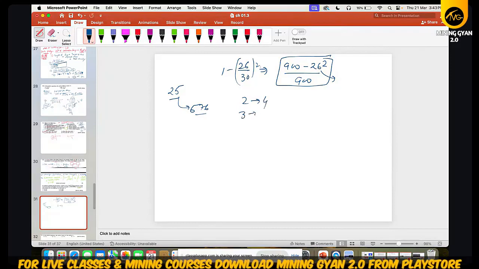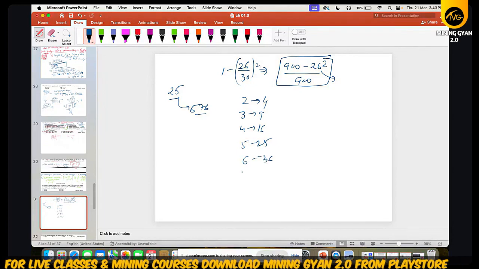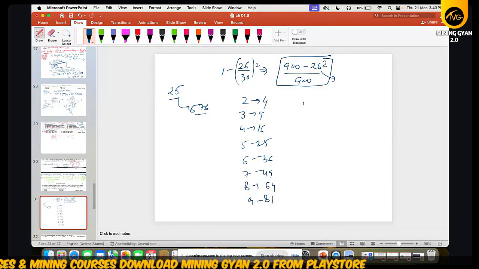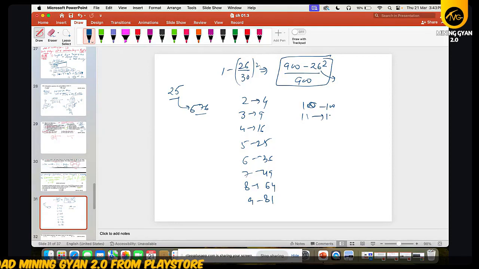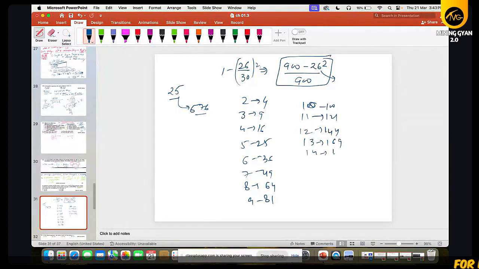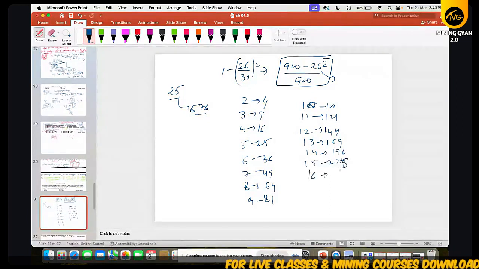2 squared is 4, 3 squared is 9, 4 squared is 16, 5 squared is 25, 6 squared is 36, 7 squared is 49, 8 squared is 64, 9 squared is 81, 10 squared is 100, 11 squared is 121, 12 squared is 144, 13 squared is 169, 14 squared is 196, 15 squared is 225.